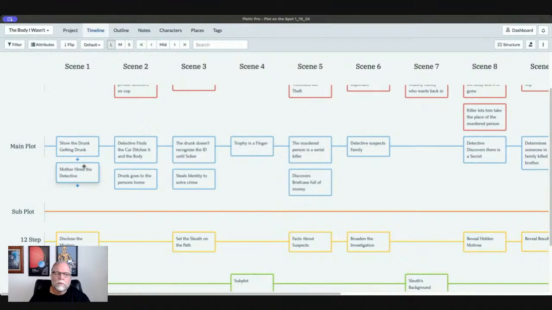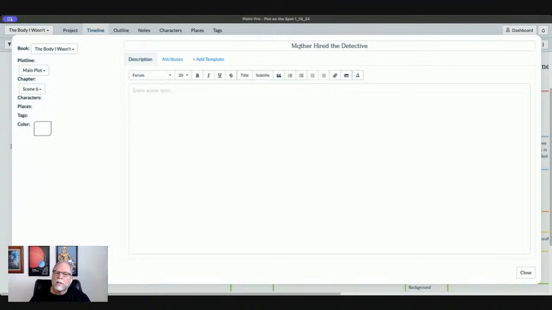So let's move this further down and have he steals his identity to solve the crime. When he suspects it's the family is when we'll say that the grandfather, who we haven't identified yet, reaches out to the detective. And we'll just say he calls with suspicion.